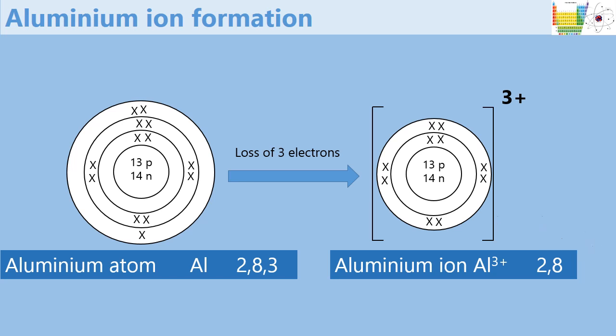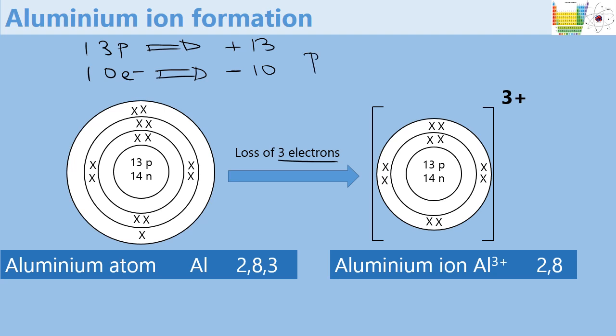Again, the aluminium ion has 13 protons, 14 neutrons, and now how many electrons? 10 electrons. It loses 3 electrons. So it has 13 positive charges and now negative 10 charges.